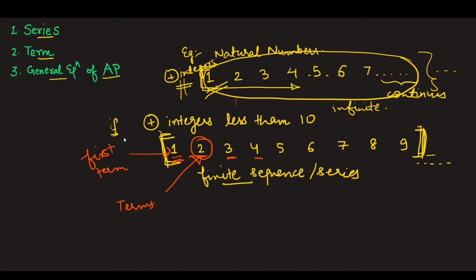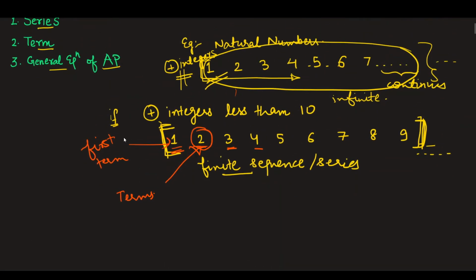If I take a next example, primes less than 14, what would be its terms?